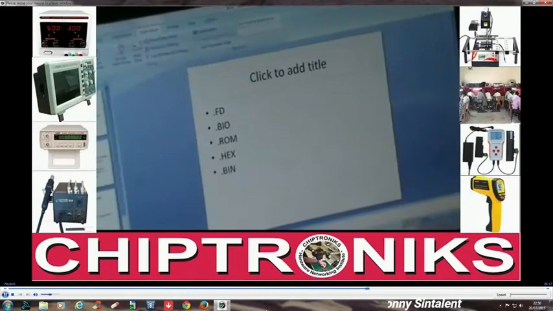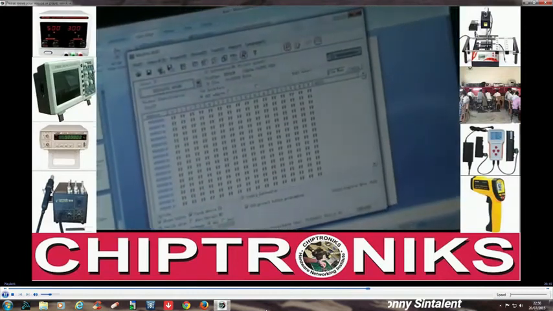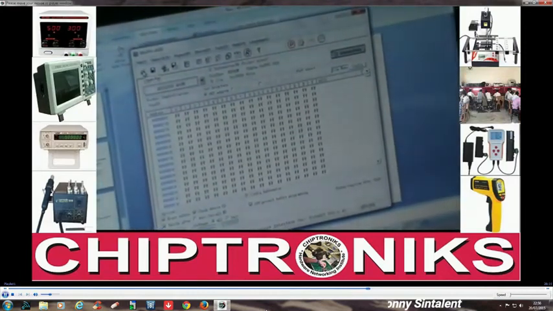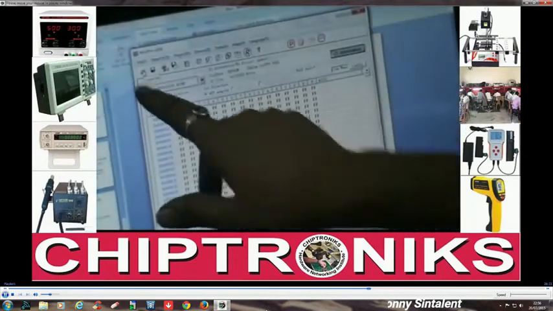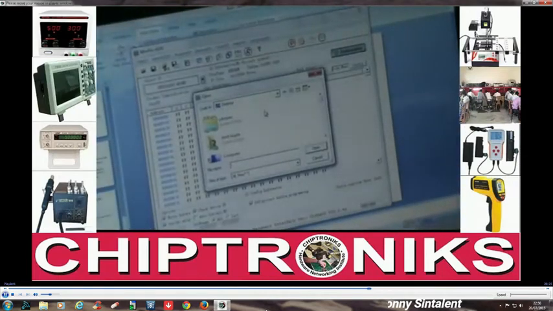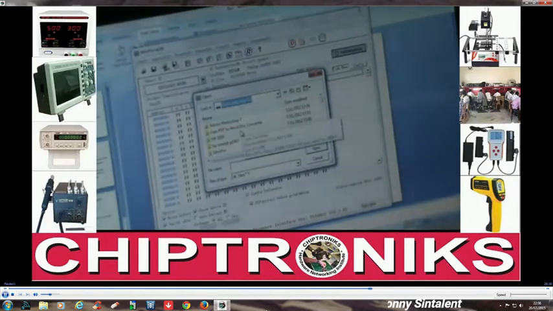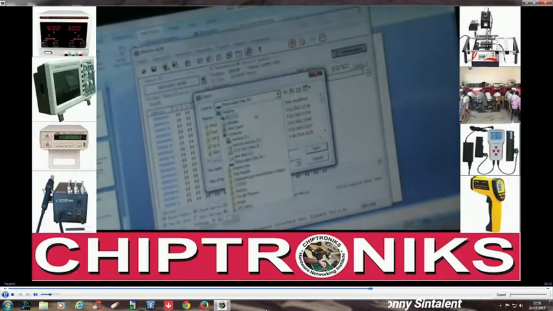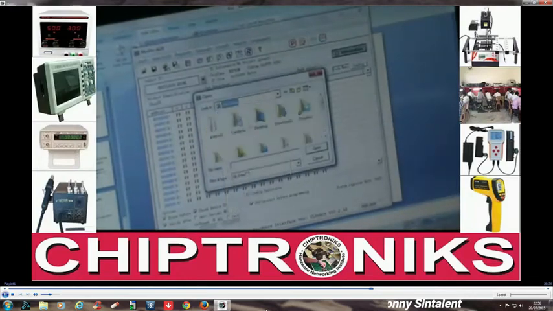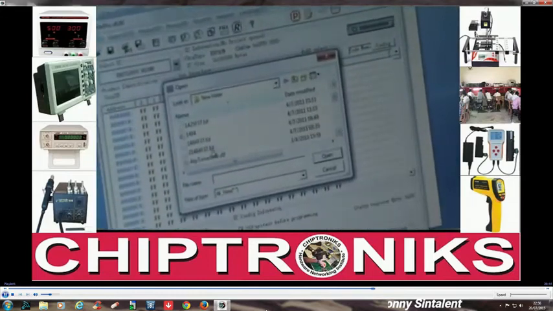Okay, now we need to program it. That's why I'll choose a file, open file. Here is our file.